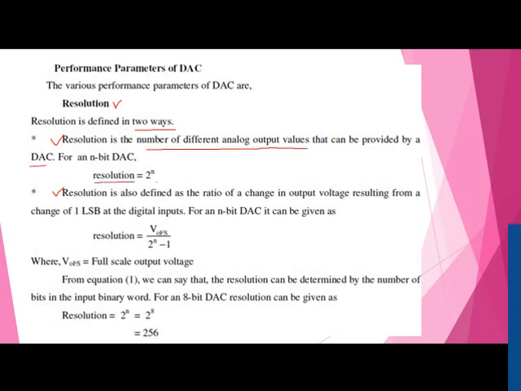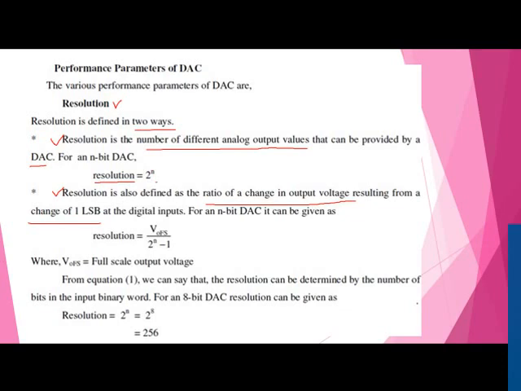The second definition: resolution is the ratio of the change in output voltage resulting from changing 1 LS bit at the digital input. For an n-bit DAC it is given as resolution equals full scale output voltage V0F divided by 2 raised to n minus 1.